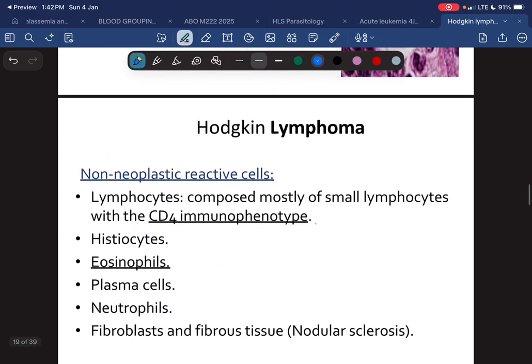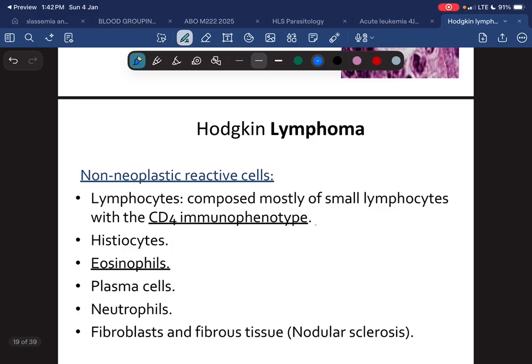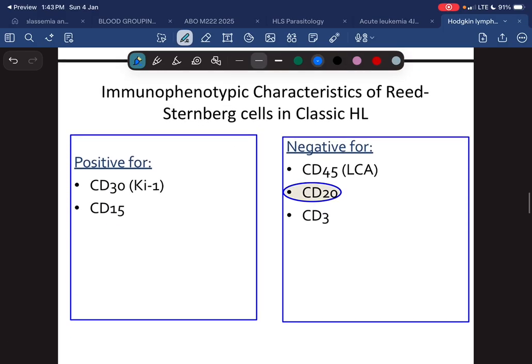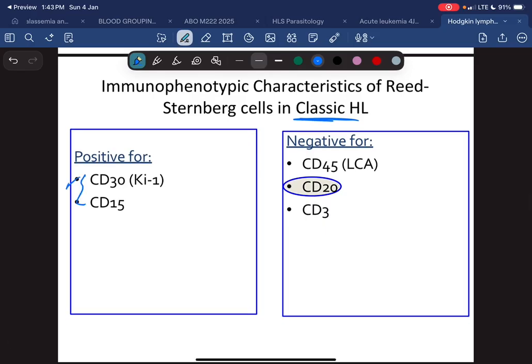Now, immunophenotypic expression, the immunomarkers of RS cells in the classic type. We said the classic types all share the morphologic and immunophenotypic markers, with expression positive for CD30 and CD15. The RS cells are positive for CD15 and CD30 and negative for leukocyte common antigen, which is CD45, and CD20.